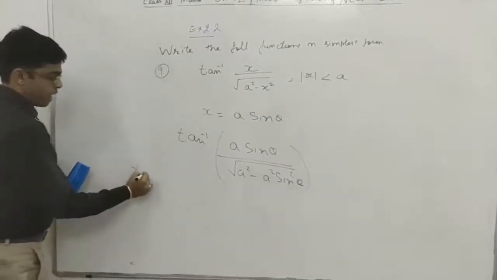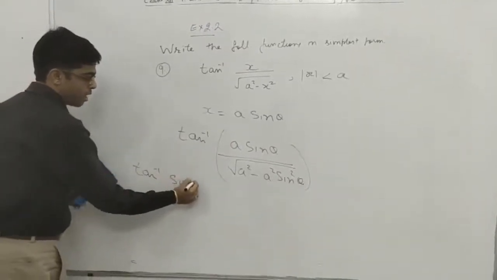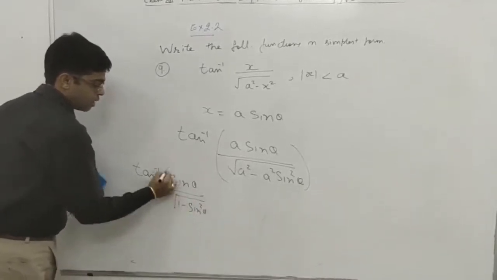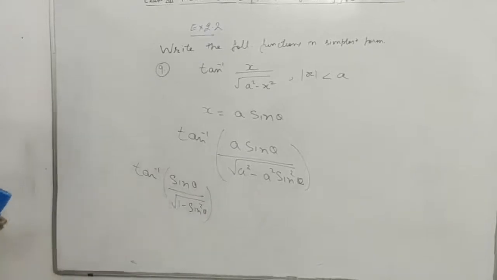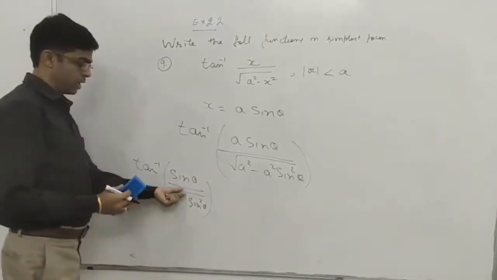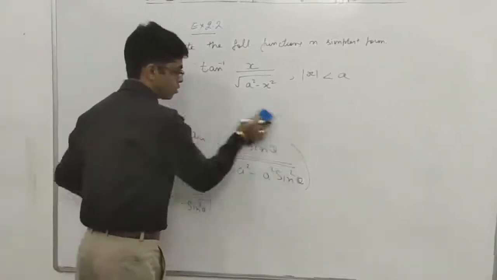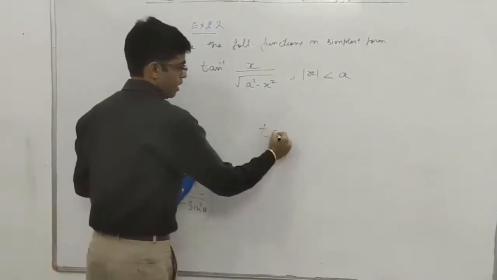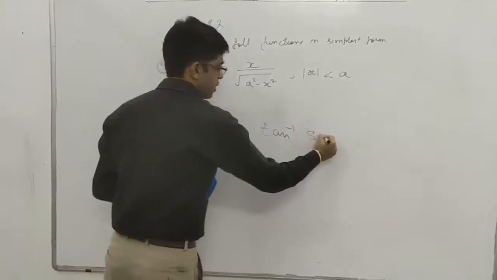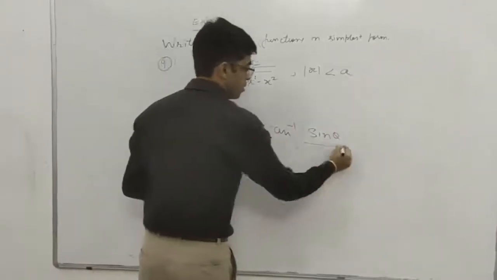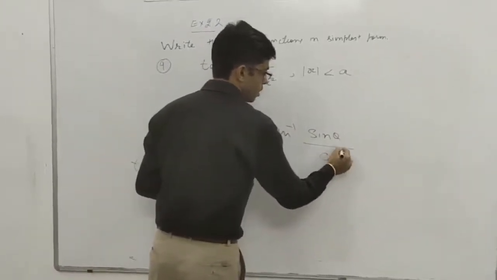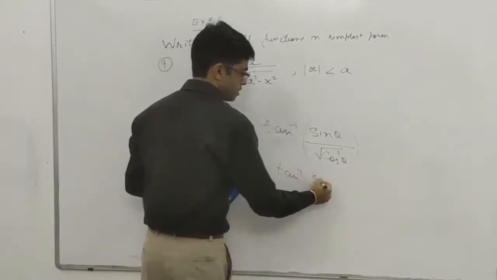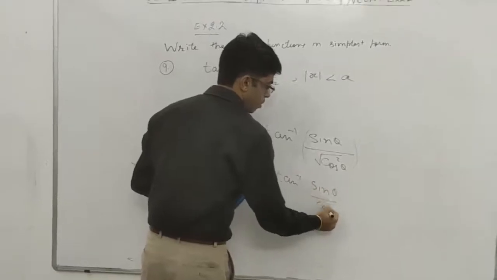And now tan inverse sin theta upon square root of 1 minus sin square theta. 1 minus sin square theta is cos square theta, under the square root. So you can write tan inverse sin theta upon square root of cos square theta, and tan inverse sin theta upon cos theta.